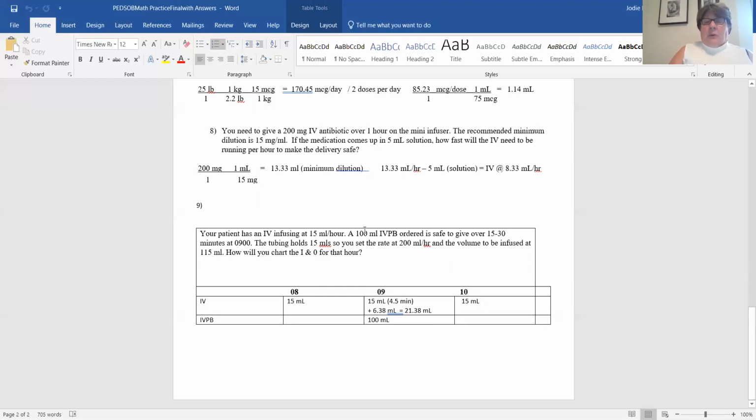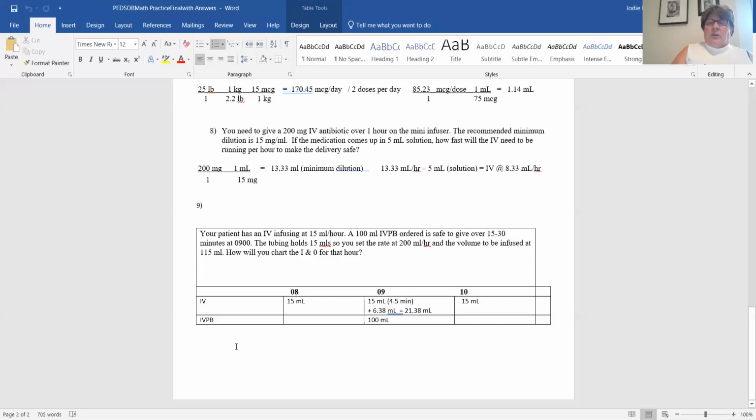So what you're first going to do is just take this piggyback, the 100 milliliters, and from 9 to 9:30, that's what's going to be running. And then you want to find out if the fluid is running at 200 milliliters per hour, how many minutes will it take for this 15 to run in?